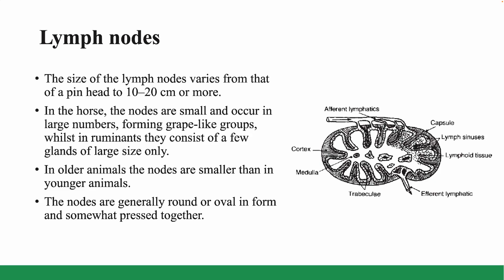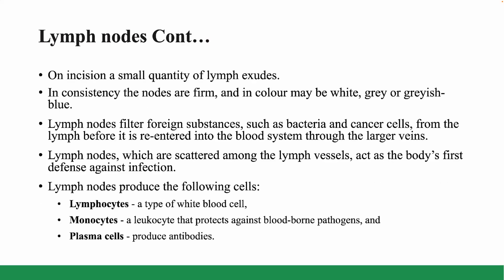In older animals, and this also occurs in humans, the nodes are smaller than in young animals because they are less sensitive in detecting infection as compared to younger animals. The nodes are generally round or oval in shape. Upon incision, they normally release a lymph fluid, and during inspection, incision of some of the lymph nodes is a must.